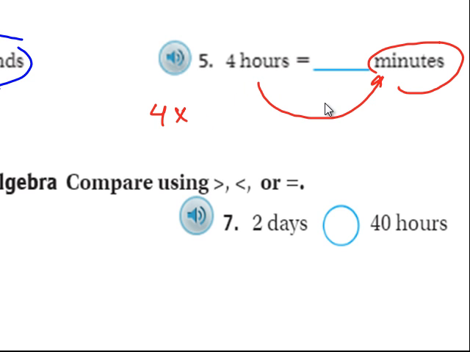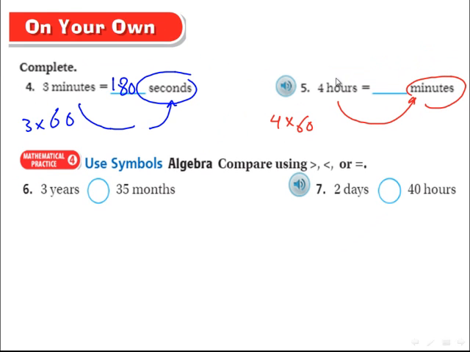Great, 60. 60 minutes in 1 hour. So I'm going to multiply 4 by 60. 4 by 6, 24. And don't forget to put 0, because 4 multiplied by 60 is 240. You are right.